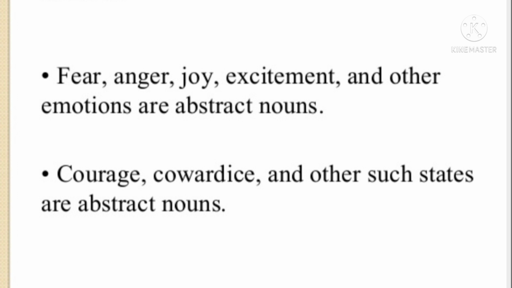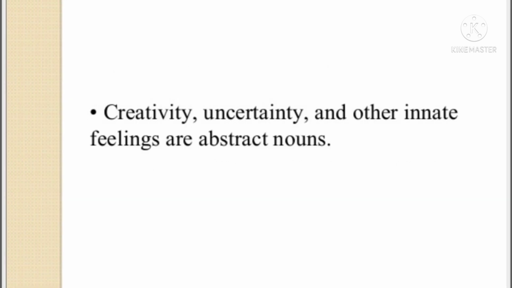We cannot see fear, we cannot touch anger, we cannot hear joy, etc., but we feel it. These sorts of nouns are called abstract nouns. Other examples are creativity, uncertainty, and other feelings.